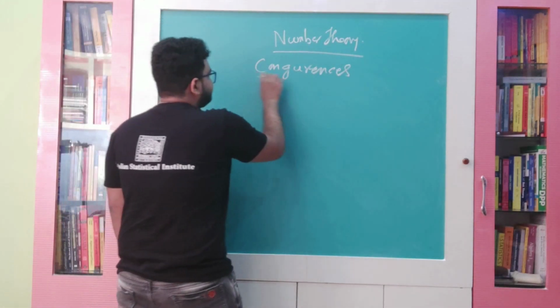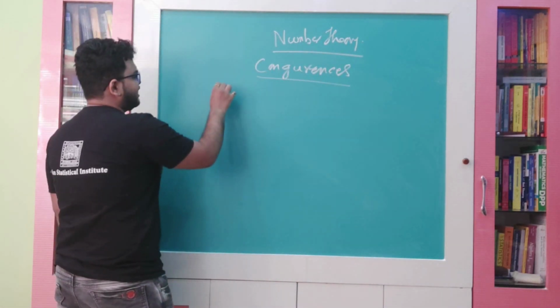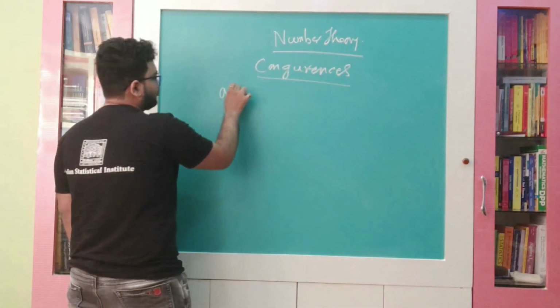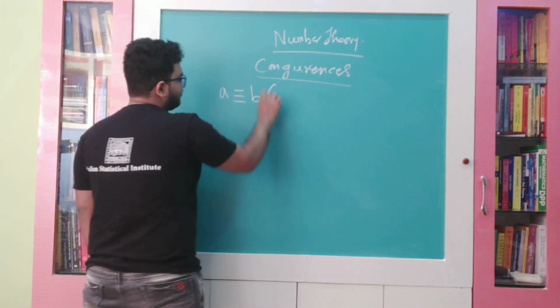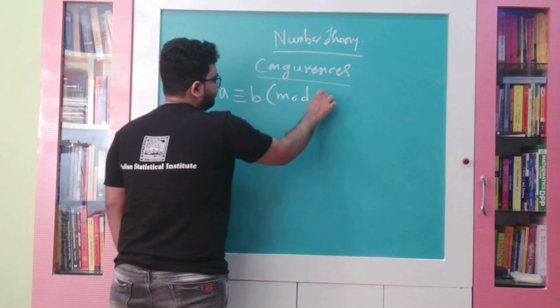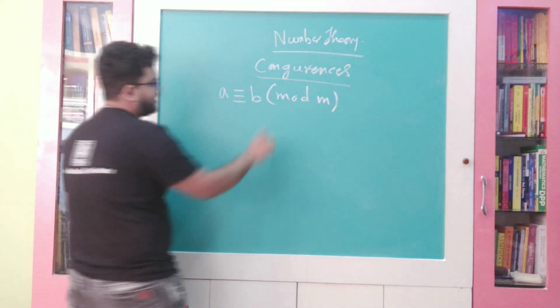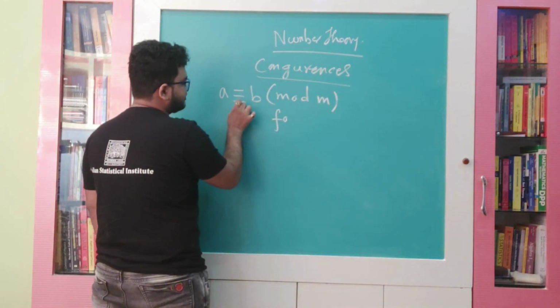So congruences. We say A is congruent to B mod M for a fixed integer M. This is the congruence notation.